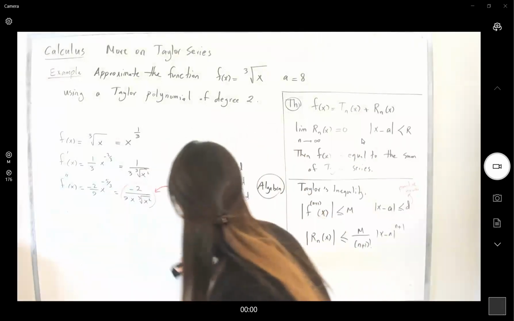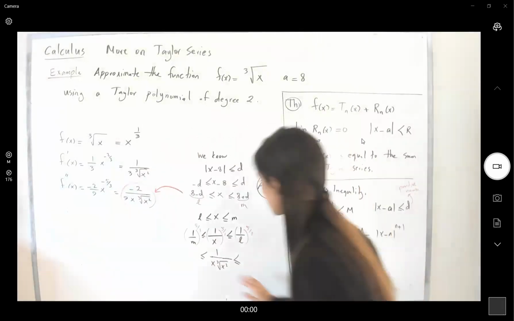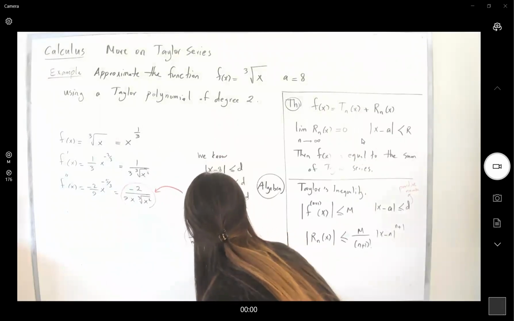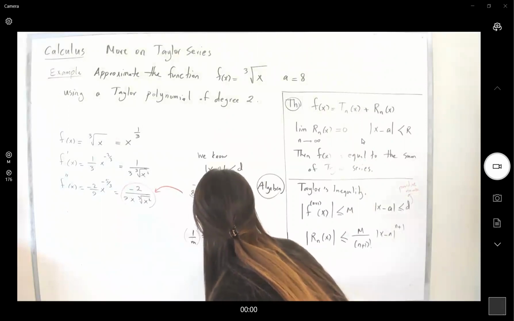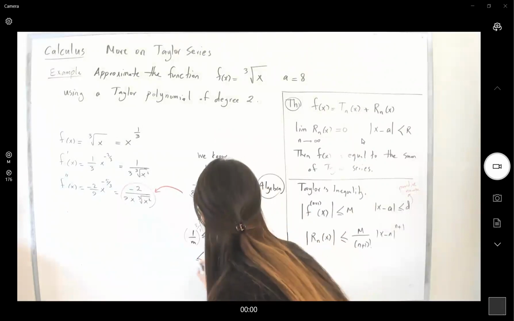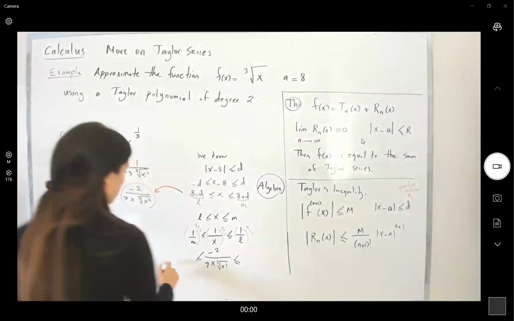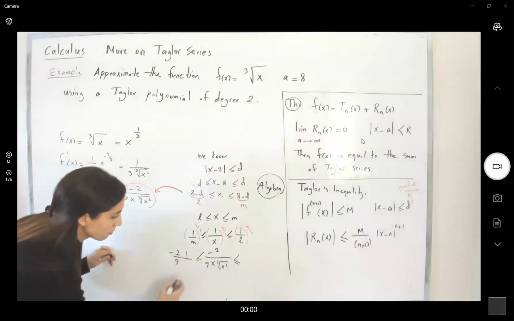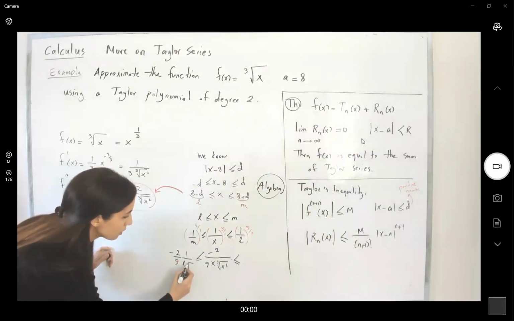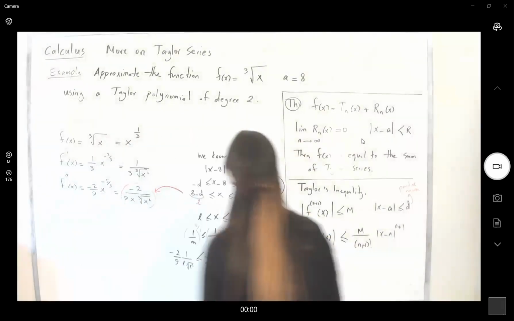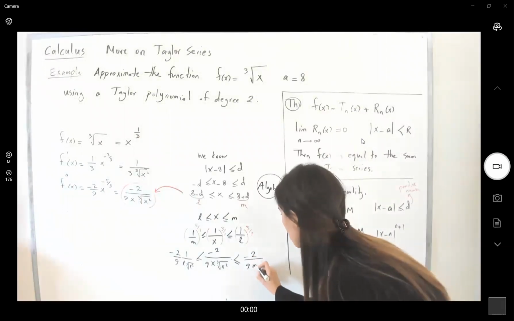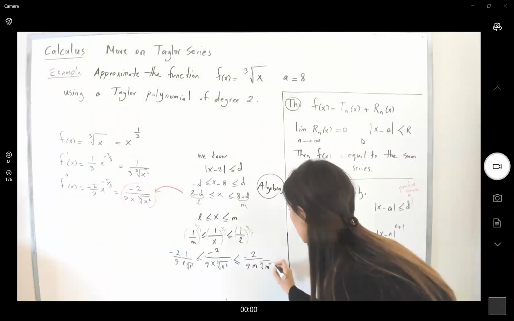We get negative 2 over 9 times 1 over L times the third root of L squared on the right-hand side, and negative 2 over 9 times 1 over M times the third root of M squared on the left-hand side.